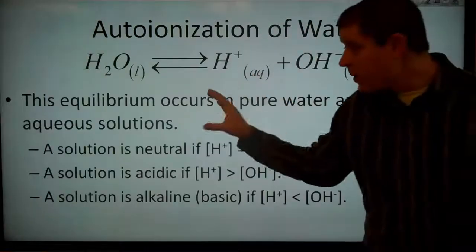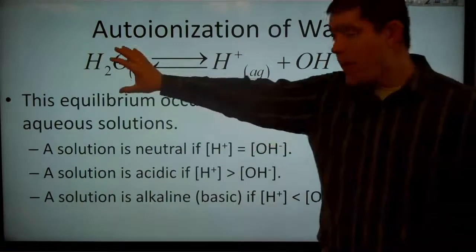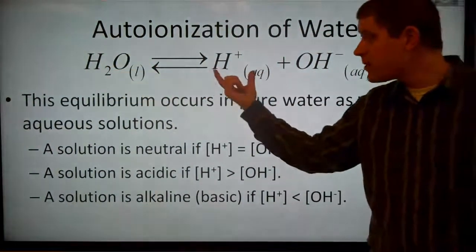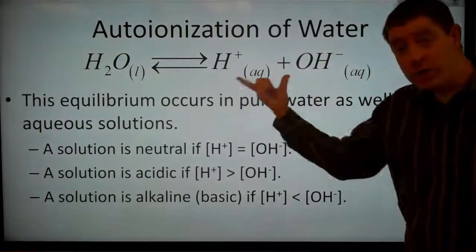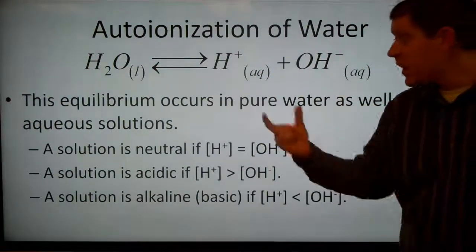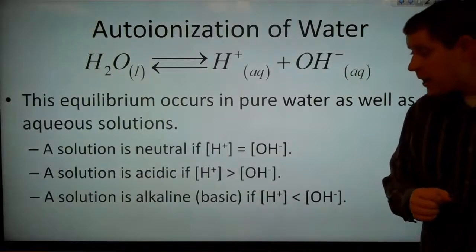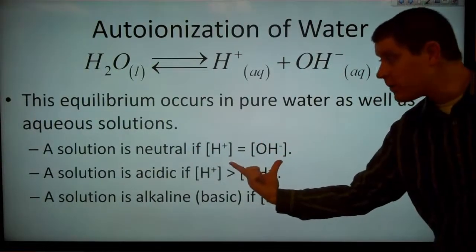If we have a neutral solution, then we have no other acid or base other than water, and that means we have equal concentrations of hydrogen ion and hydroxide ion, because the only source of these two is the autoionization of water. For every time we produce one proton, we have to be producing one hydroxide. So in a neutral solution, those two concentrations are equal.